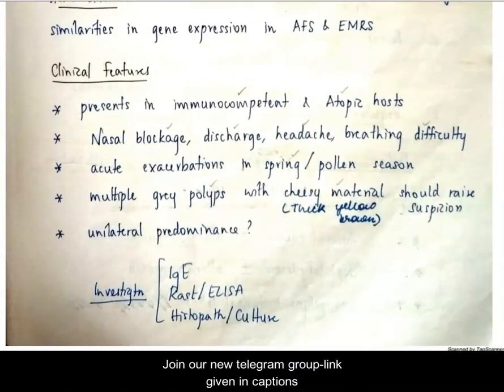Then coming to clinical features, it presents in an immunocompetent and atopic host. Nasal blockage, discharge, headache, like any other sinusitis, will be present, along with breathing difficulty and acute exacerbation in spring and pollen season.